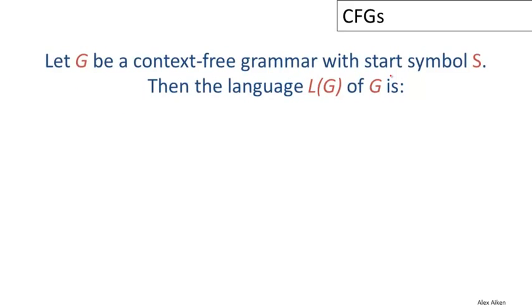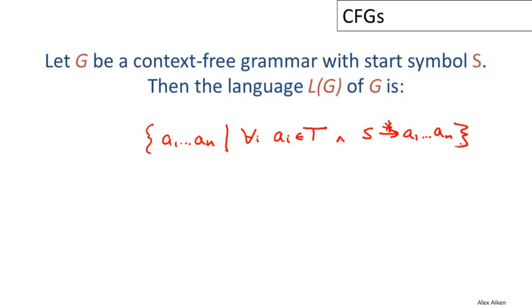So finally, we can define the language of a context-free grammar. So let G be a context-free grammar. It has a start symbol S. Then the language of the context-free grammar is going to be the strings of symbols, a1 through an, such that for all i, a_i is an element of T. Okay, so T here is the set of terminals of G. And S goes, the start symbol S goes in 0 or more steps to a1 through an.